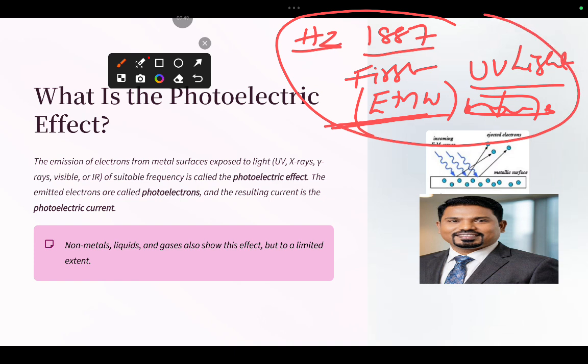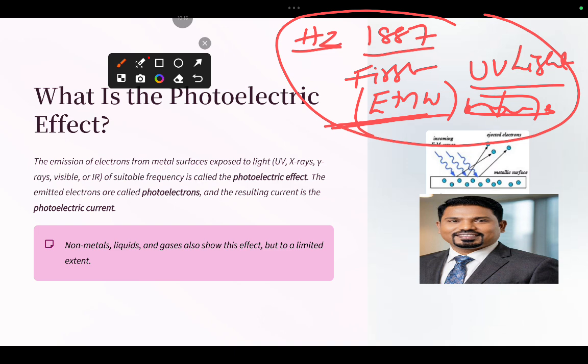When UV light was exposed on a metal surface between two electrodes, a spark was observed, and it was confirmed as the first evidence that light could affect electrons in metals.